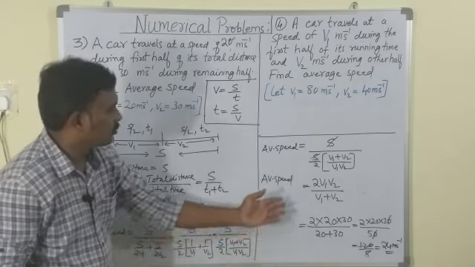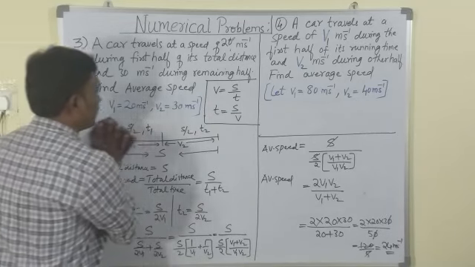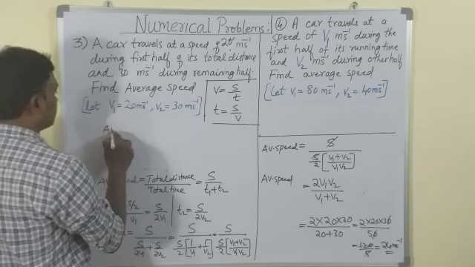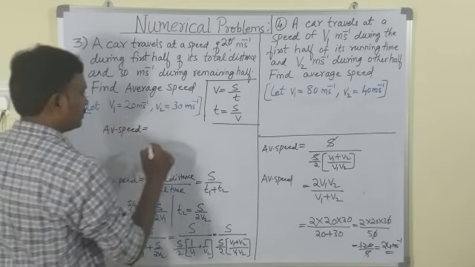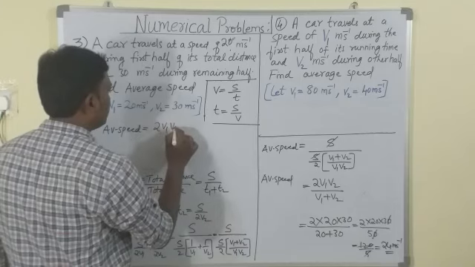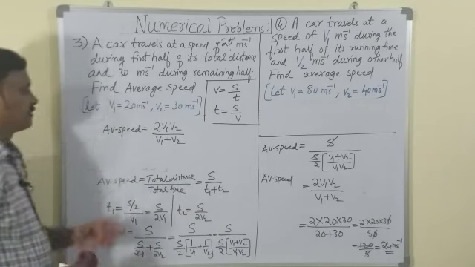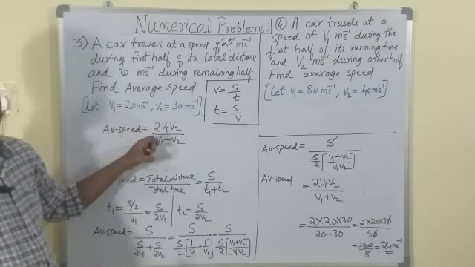Okay children, hope you understood this problem. Whenever problems like these come, you can directly take the formula, average speed is 2V1 V2 by V1 plus V2. You have to memorize this formula and directly apply it.